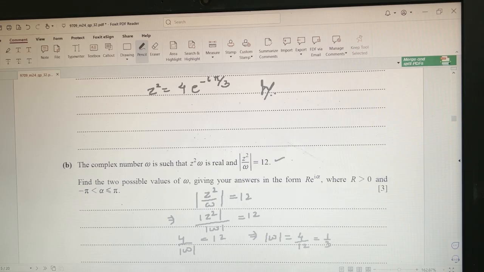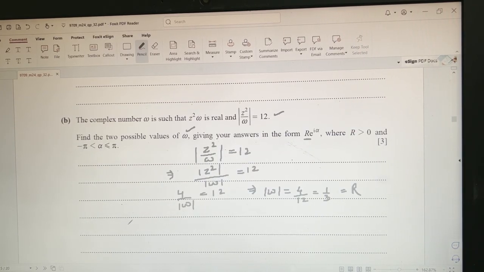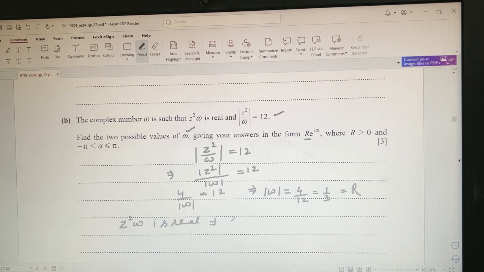So this will be your capital R, because they asked to find two possible values of omega. I am representing it as capital R, as they have given. So R comes as 1 by 3. With the information that z square omega is real, it means that the y part of the complex number will be 0.